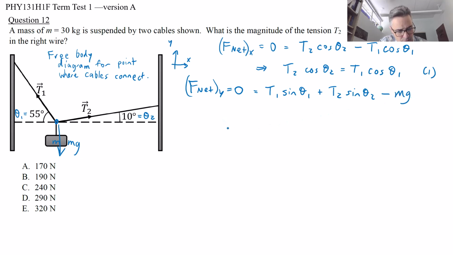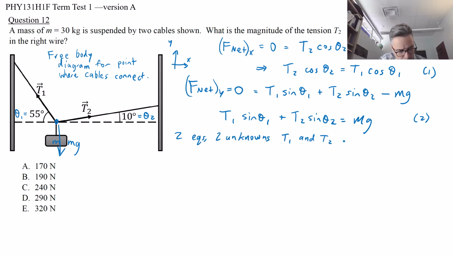And so T1 sine theta 1 plus T2 sine theta 2 equals mg. Call that equation 2. We now have 2 equations and 2 unknowns, T1 and T2, and we want to solve for T2.